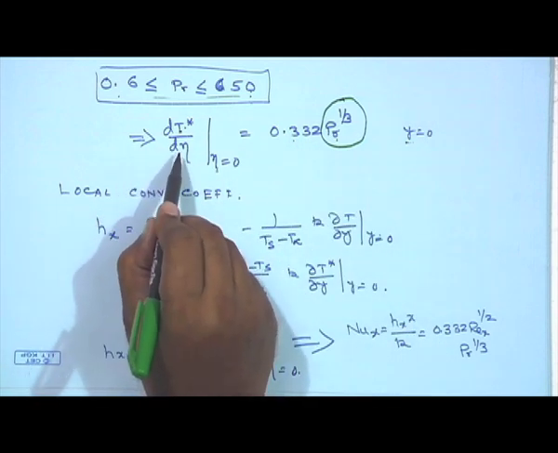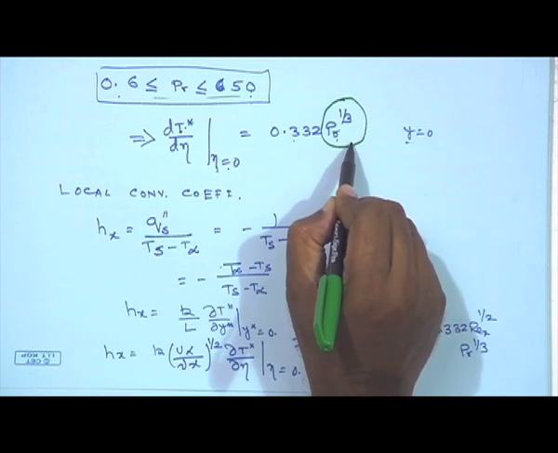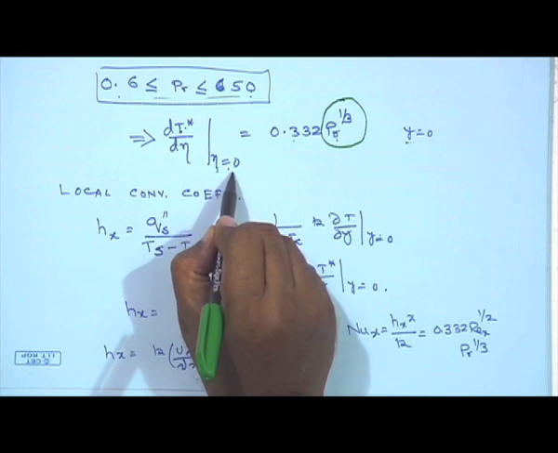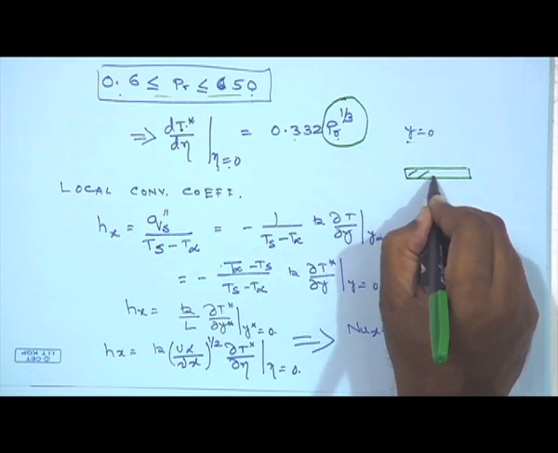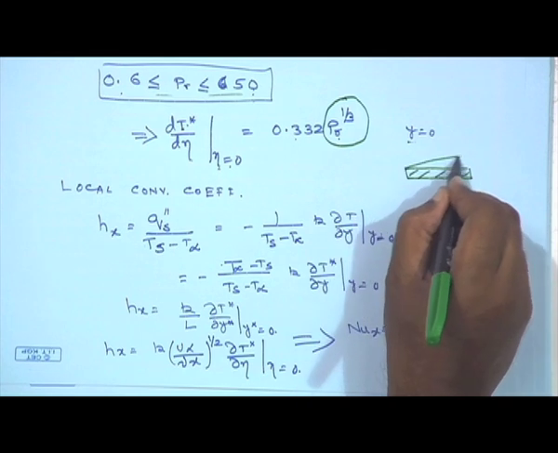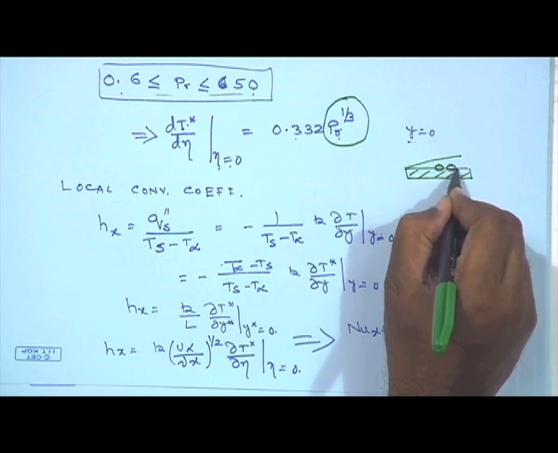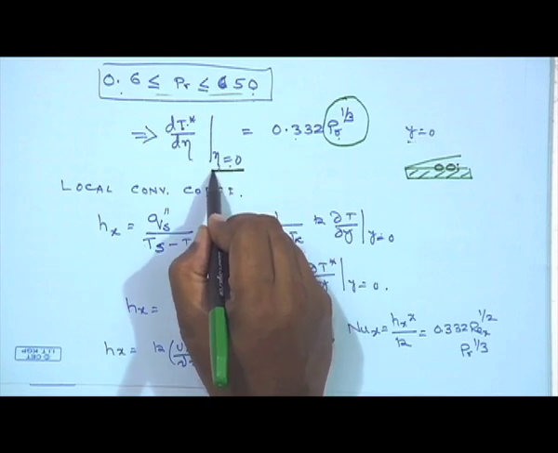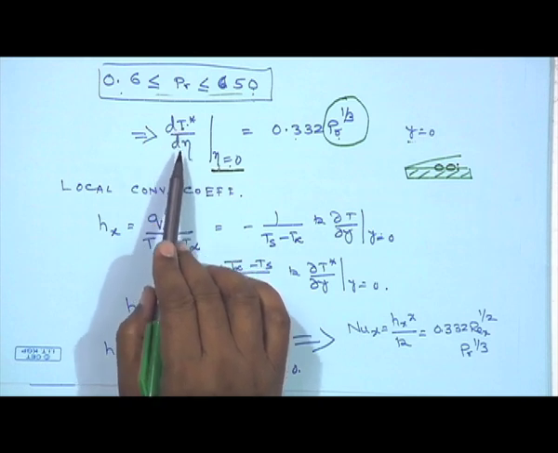So, this has been obtained numerically by fitting the value of the gradient at eta equals 0 to Prandtl number. The eta equals 0 is significant because if this is your solid plate, as an engineer you are interested in what kind of heat transfer situation you have at the solid liquid interface. So, this signifies the solid liquid interface, and this is the temperature gradient in dimensionless form.